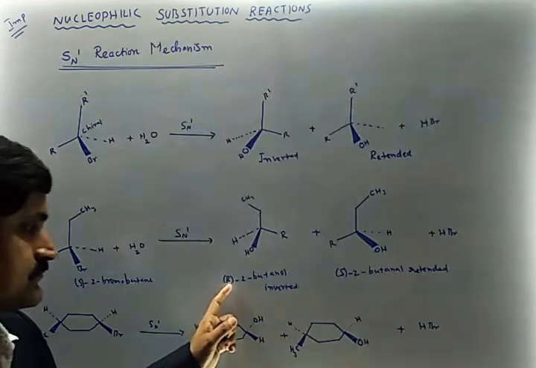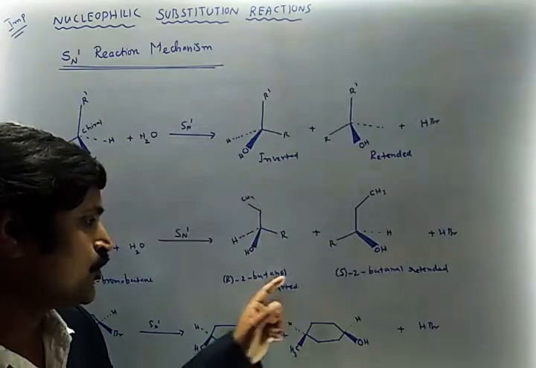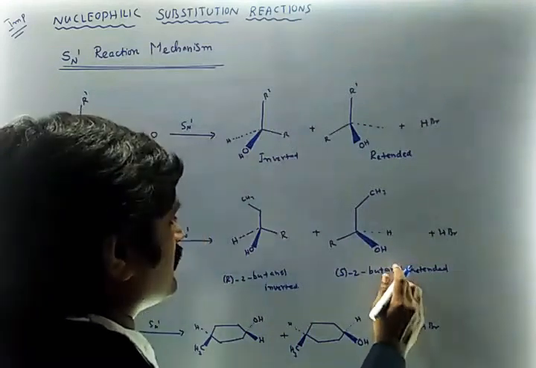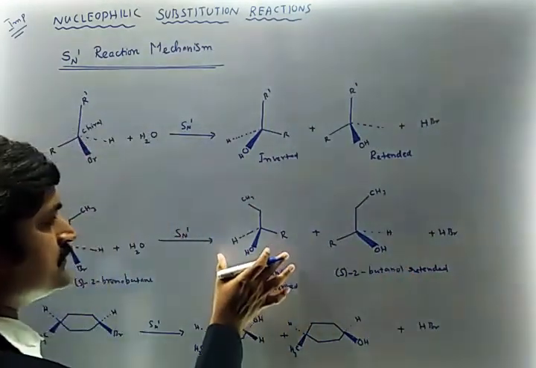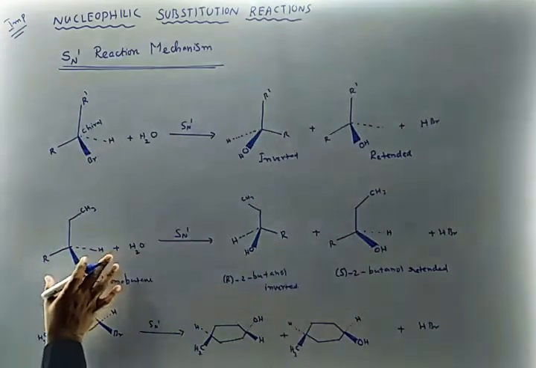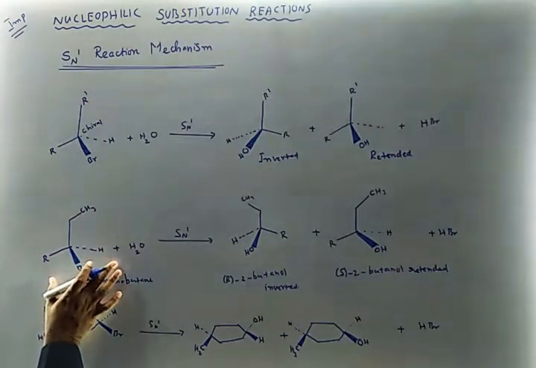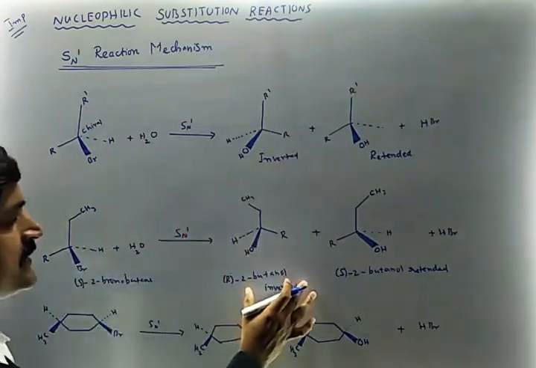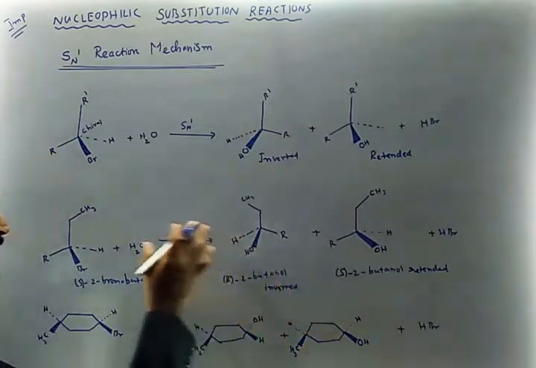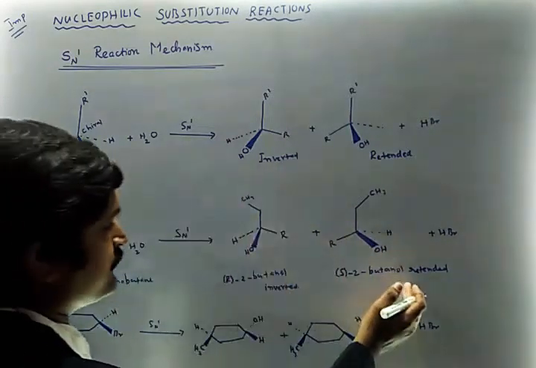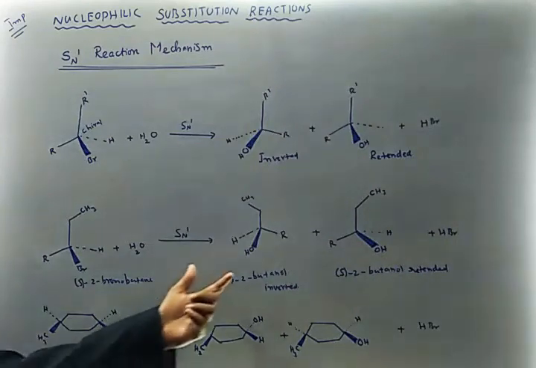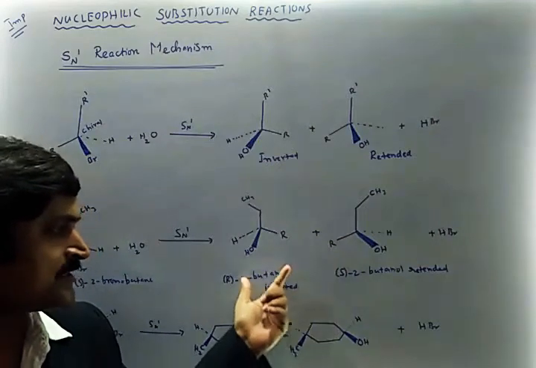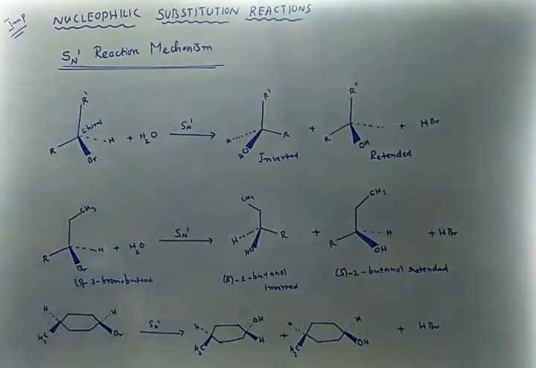We got R-2-butanol and S-2-butanol. In this case, this is the original alkyl halide structure. This is inverted. After the attack of the nucleophile, retention of configuration came also. So it is a 50-50 mixture of R-2-butanol and S-2-butanol.